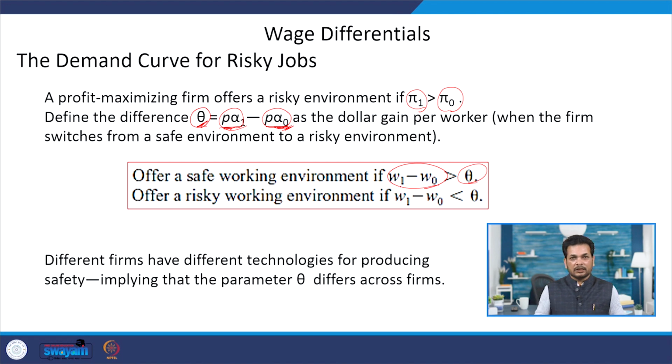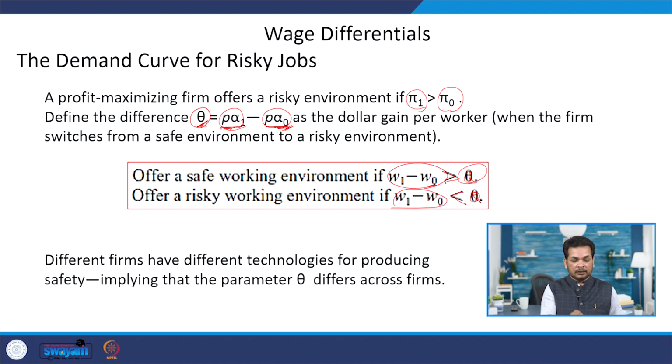W1 is the additional cost per worker in a risk environment, and W0 is the additional cost for having a worker in the safe environment. So, the farm is going to offer a safe working environment if this W1 minus W0 is greater than this theta, and the farm is going to offer a risk environment if this W1 minus W0 is less than this theta.